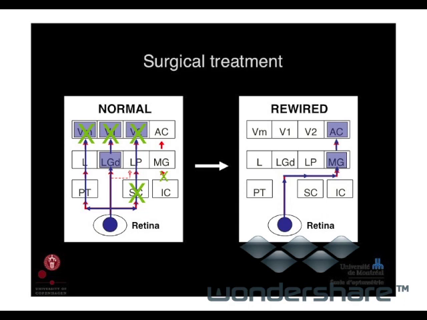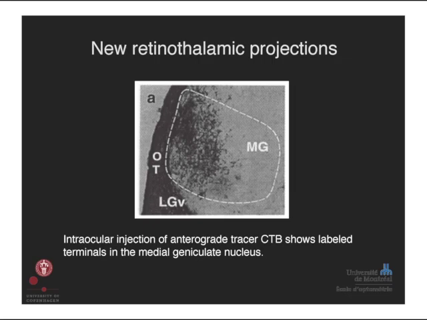So we have lesions of the cortices and the superior colliculus, and we end up with something like this. Now you have an animal that has the retinal ganglion cells projecting to the auditory thalamus, which is the medial geniculate, and then to the auditory cortex.